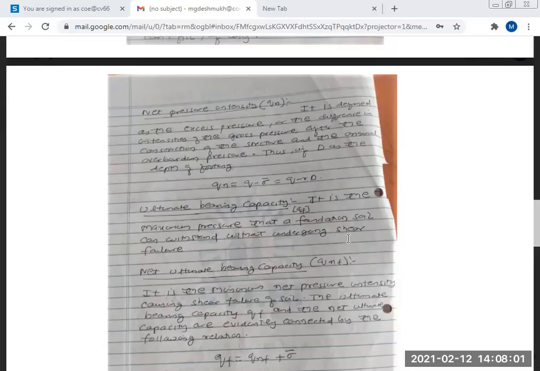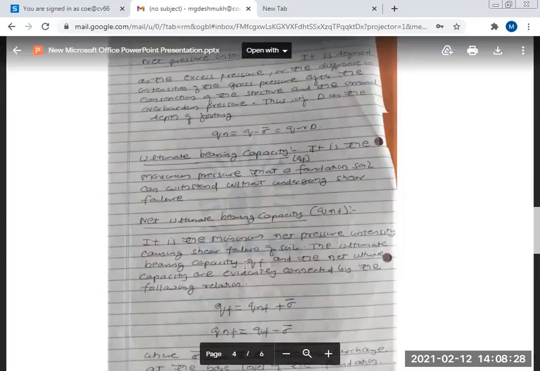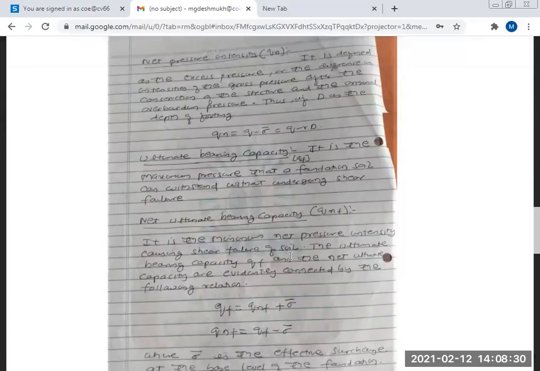Ultimate bearing capacity. Now next, what is net ultimate bearing capacity? It is denoted by qnf. So it is ultimate bearing capacity denoted by qf. Then next is what is qnf? That is net ultimate bearing capacity. It is the minimum net pressure intensity causing shear failure of the soil.